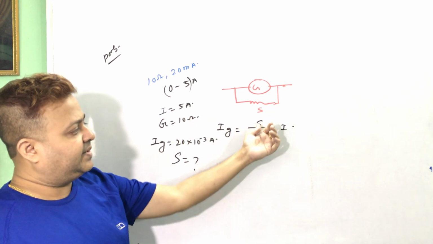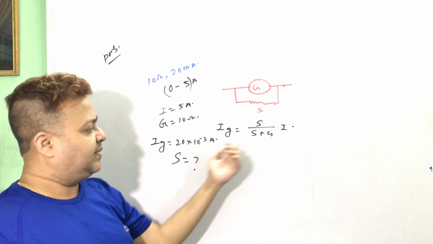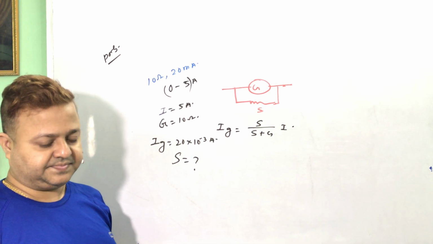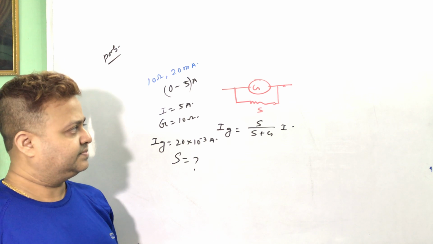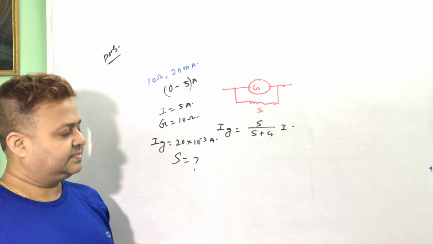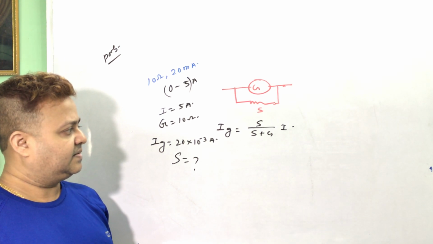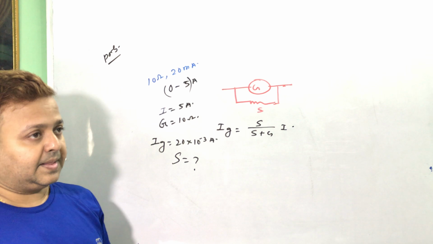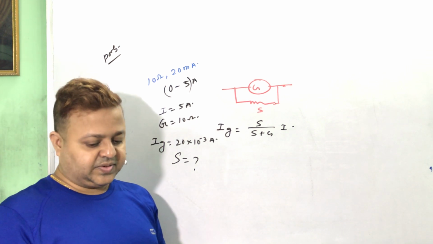Then Ig equals S divided by S plus G, into I. Then we can find the value of the shunt resistance. Generally, it must be less than 1. Next problem.